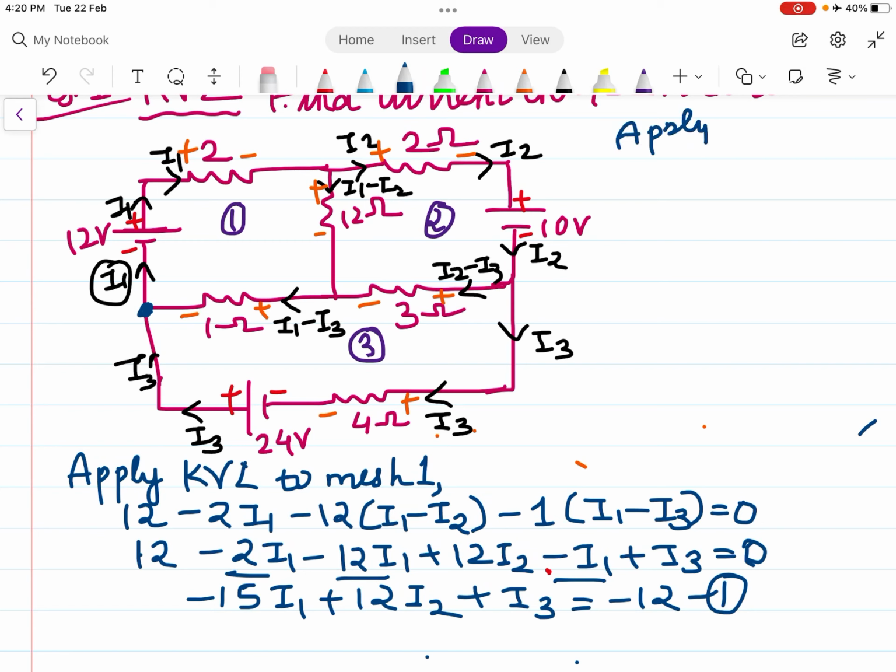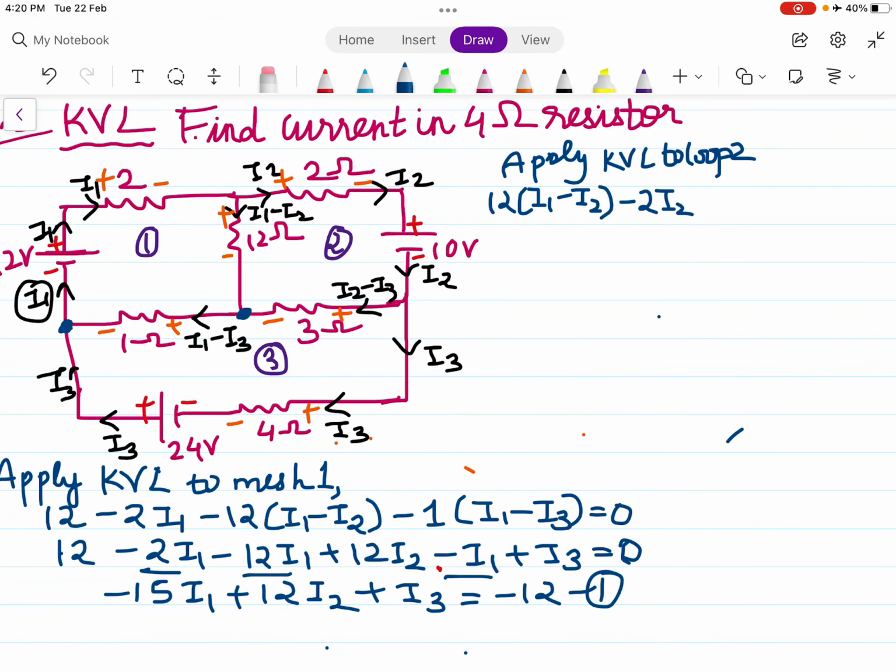Next, apply KVL to loop number 2 or mesh number 2. Starting from this point, negative to positive is plus 12 times I1 minus I2, positive to negative minus 2 I2, positive to negative minus 10, because it is a voltage source, and then minus 3 times I2 minus I3 equal to 0.